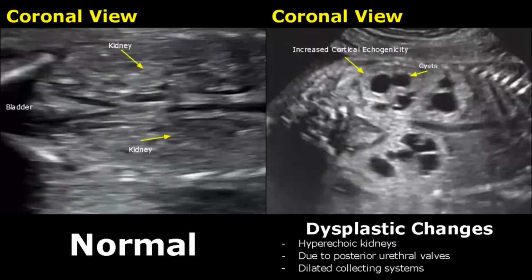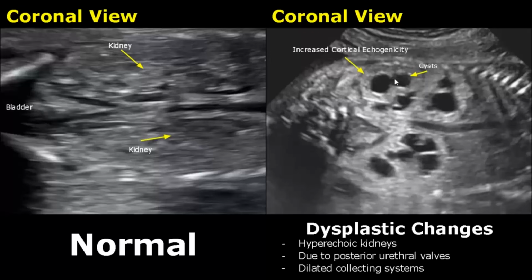In posterior urethral valves, membranes form in the urethra, the posterior part of the urethra near the bladder, which can cause obstruction of the entire collecting system. This leads to dysplastic changes in the kidneys.